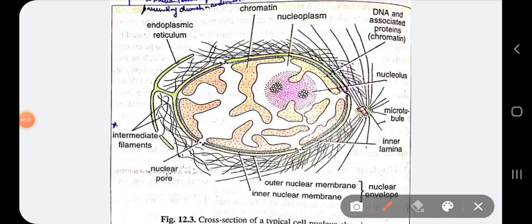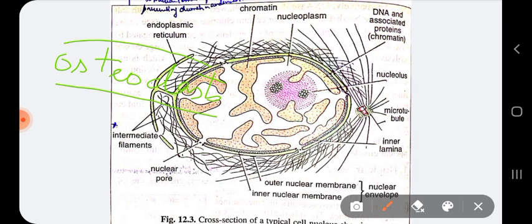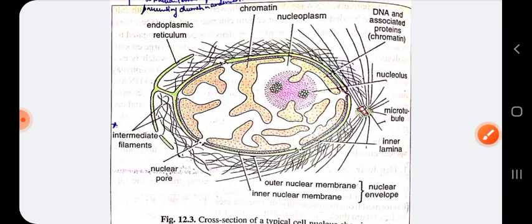Most human cells have a single nucleus, but there are some cell types which have multiple nuclei. The plural form of nucleus is nuclei, like in osteoclasts. Osteoclasts have multiple nuclei.